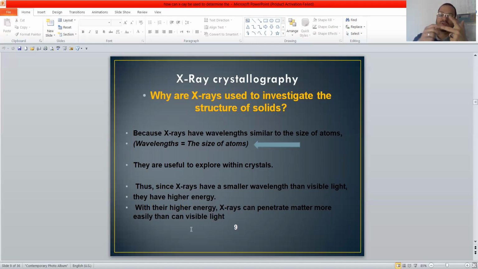Because of these two properties, X-ray properties will be better than normal visible light, with higher energy, so we can use it to determine the crystal structure, because it has the ability to penetrate matter more than visible light.